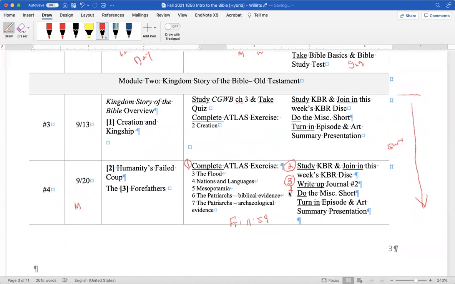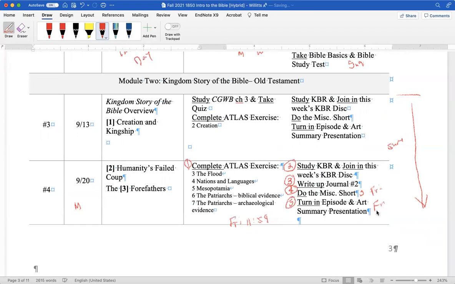Four, you have your miscellaneous shorts, and there'll be a couple there in that week. So there'll be 2 videos, 3 to 5 minutes long, with a little summary assignment after. And then number 5, that's due Friday.